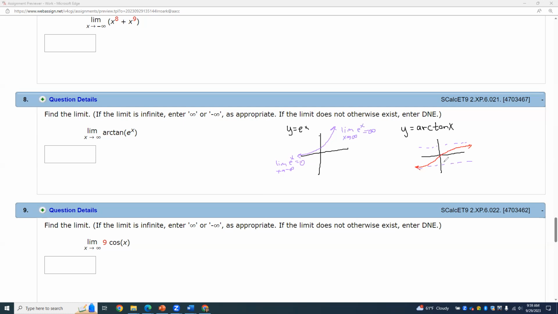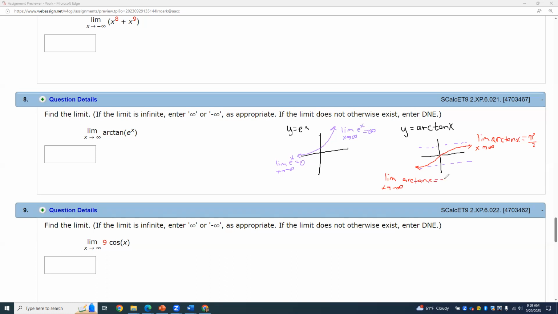As x goes to positive infinity, all the way to the right of this arctan graph, it's going to pi over 2. And all the way to the left, it's going to negative pi over 2. They love to use this.